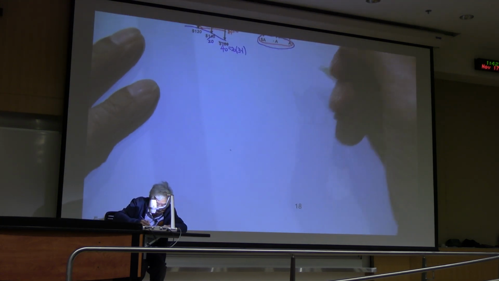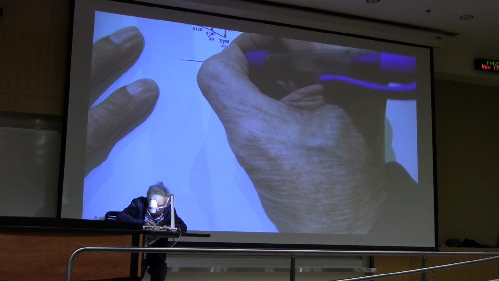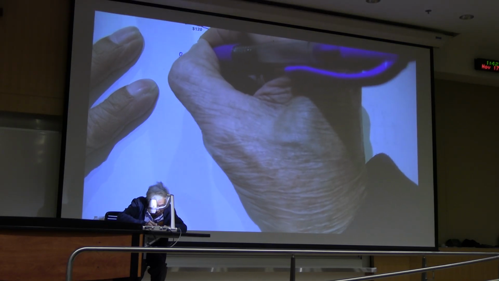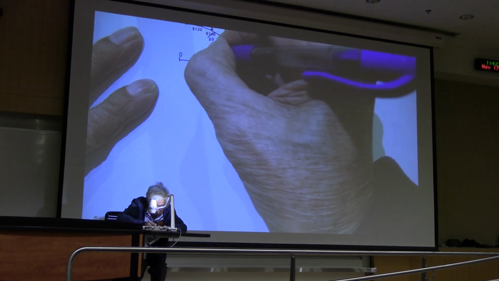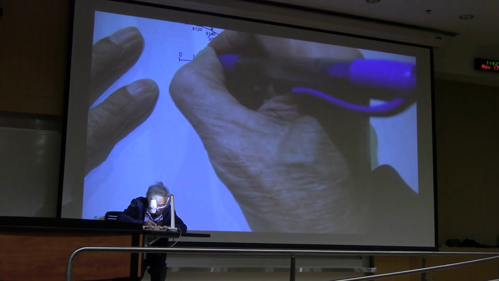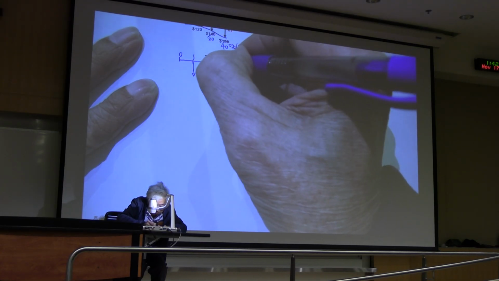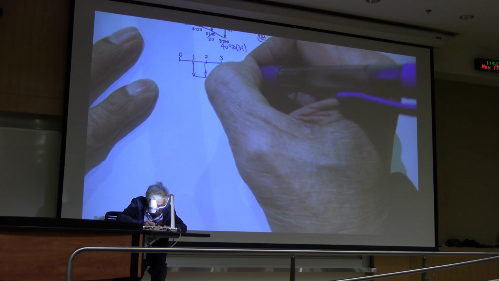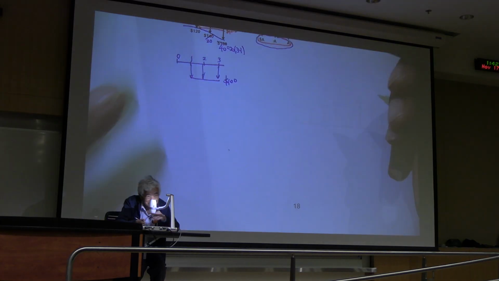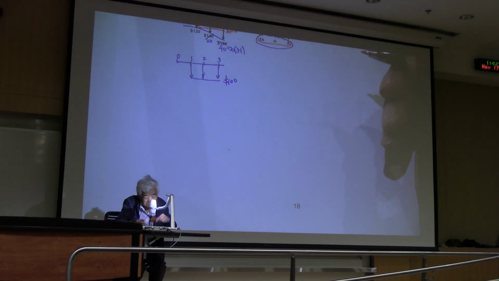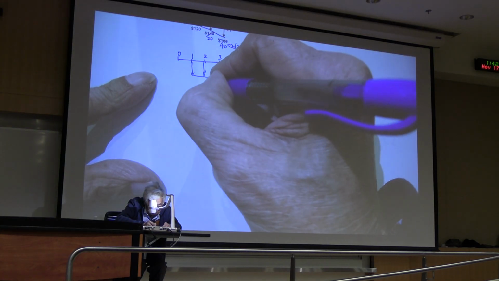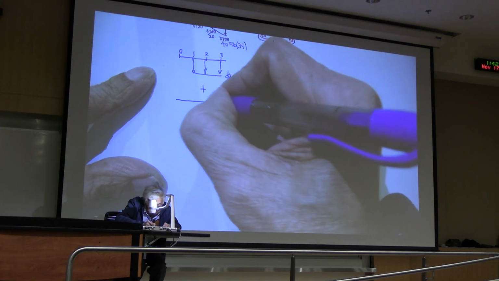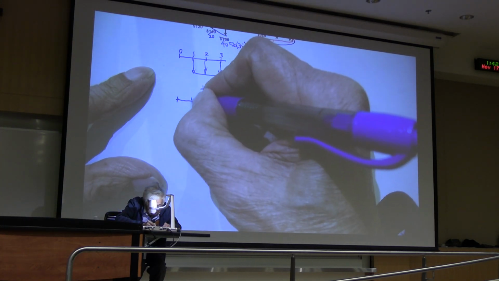So what is this? You can think about this, 0, 1, 2, 3, a uniform series of 120 plus a gradient series.